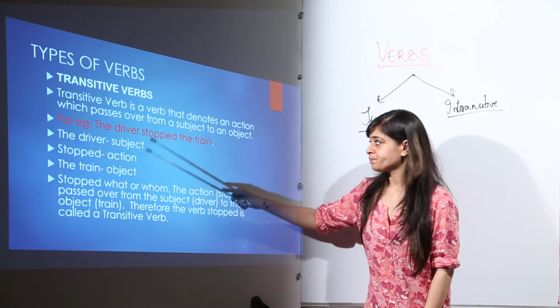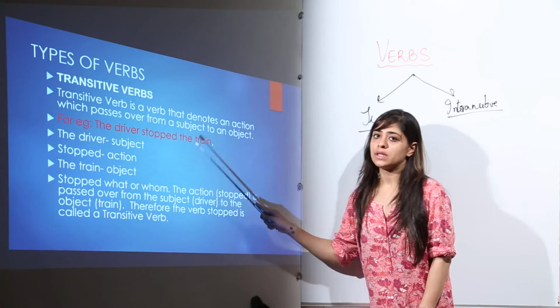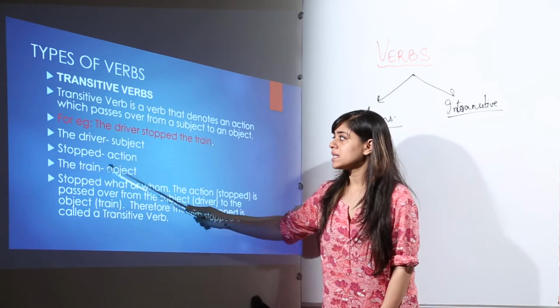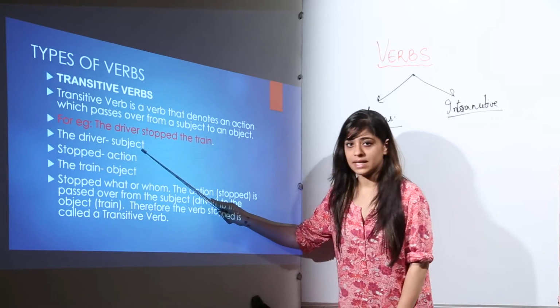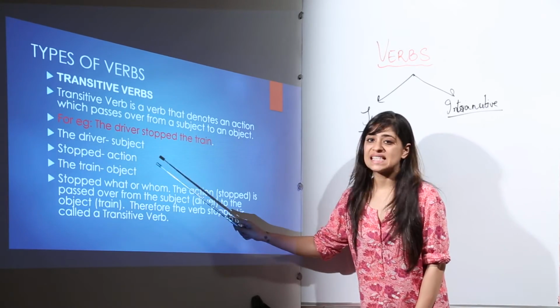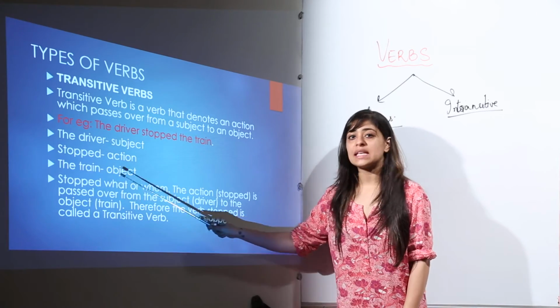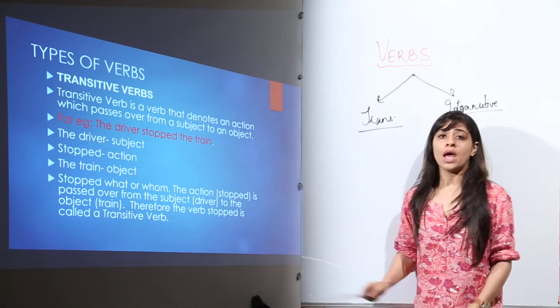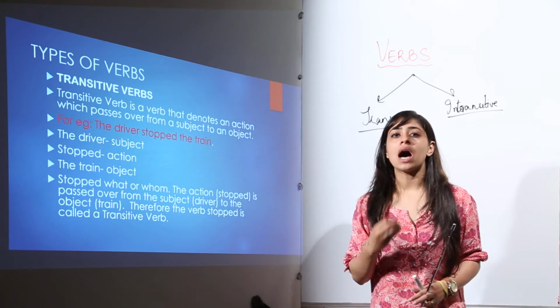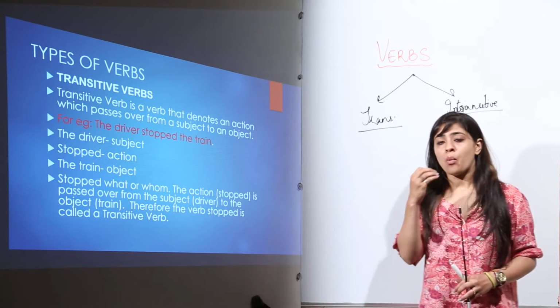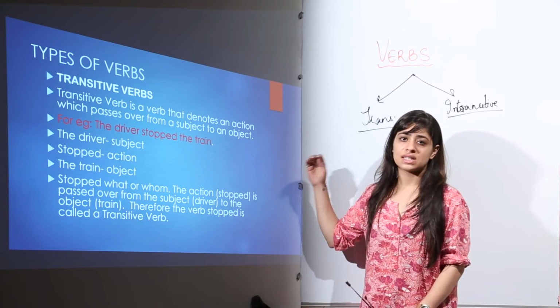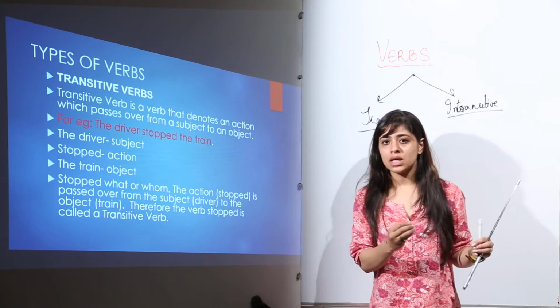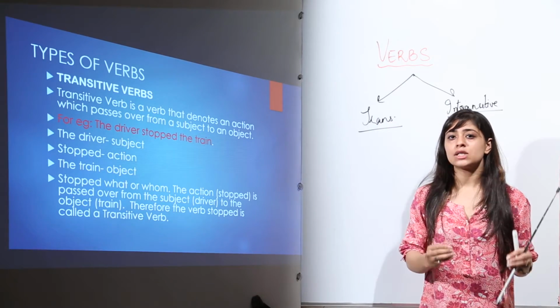For example, the driver stopped the train. Now we need to understand that the driver is the subject here, stopped is the action and the train is the object. Now, stopped what or whom? We need to ask ourselves questions before defining the transitive verb: what the verb is doing, and to what or whom.